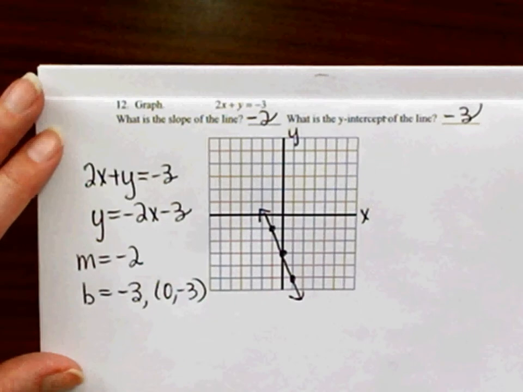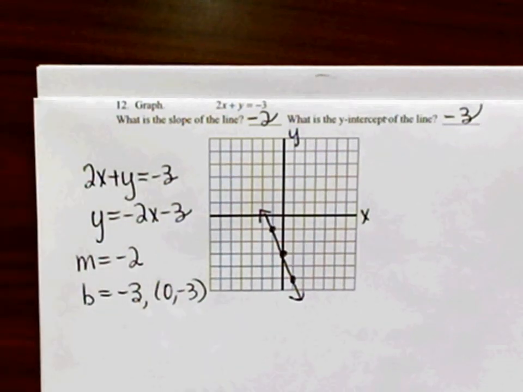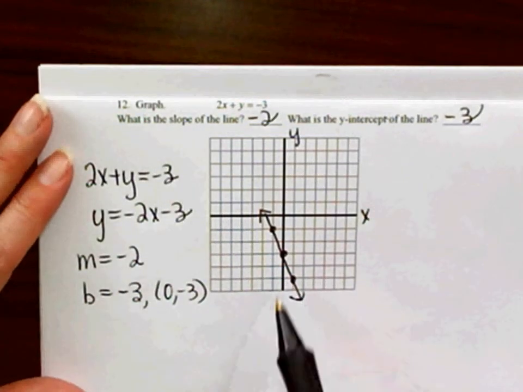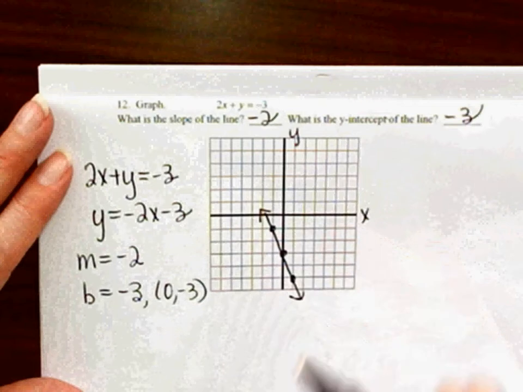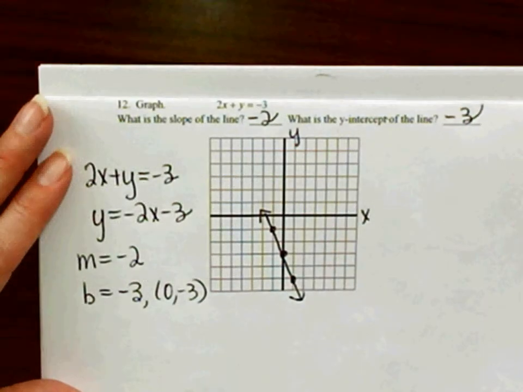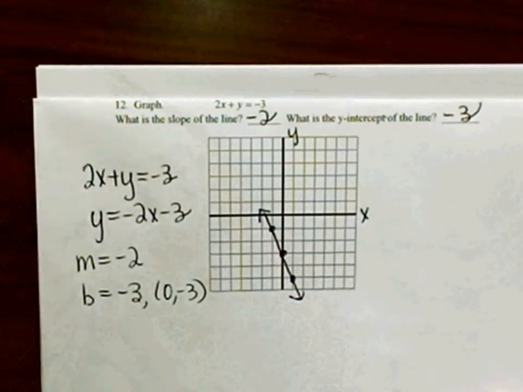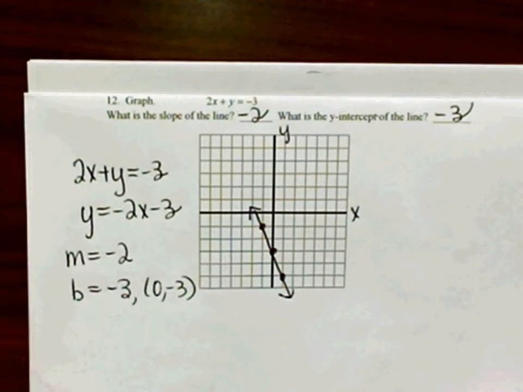Should the line be going downward as you look at it left to right? It should. Why? Because the slope's negative. Alright, that's problem 12. Let me give you a couple of minutes to look at it, and then we'll move on to 13.